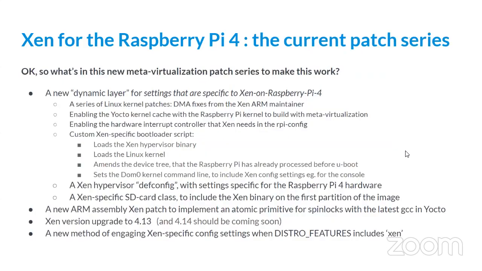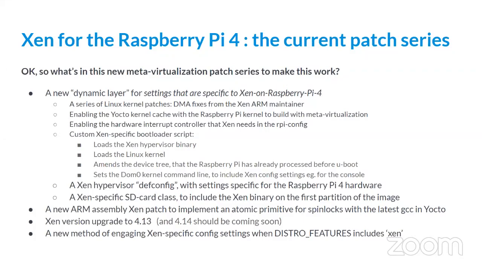So in order to make this work with meta-virtualization, the patch series introduces quite a few new things using some of the more advanced functionality, I think, not necessarily used by all layers.